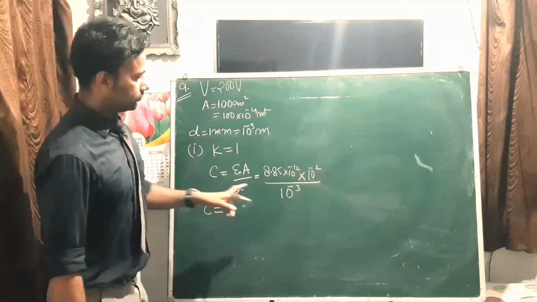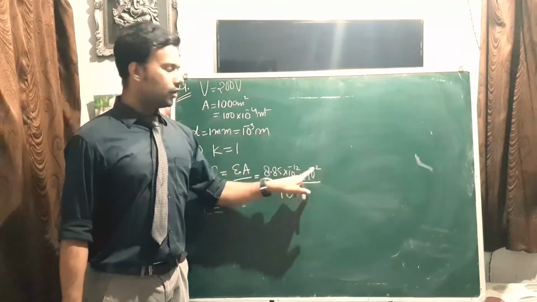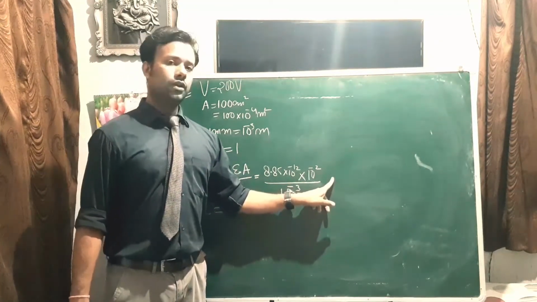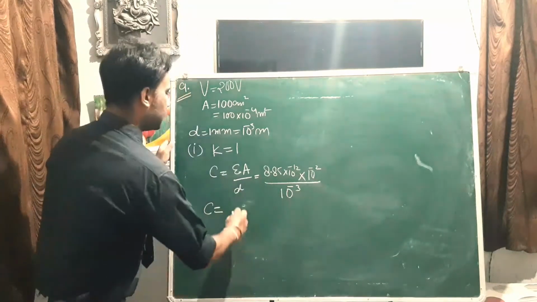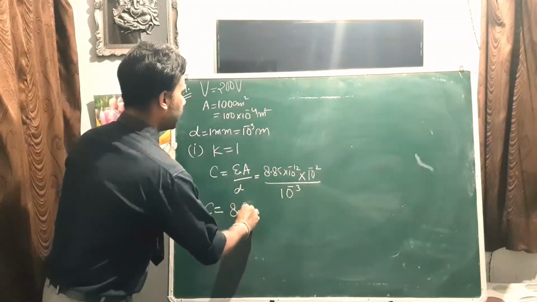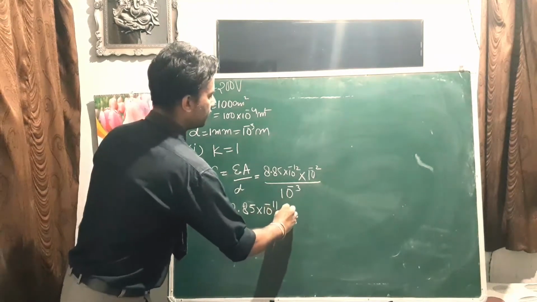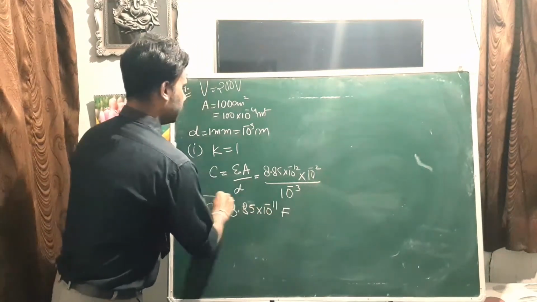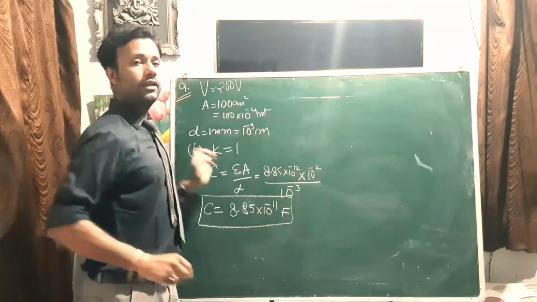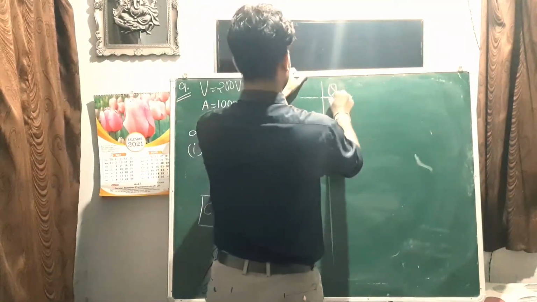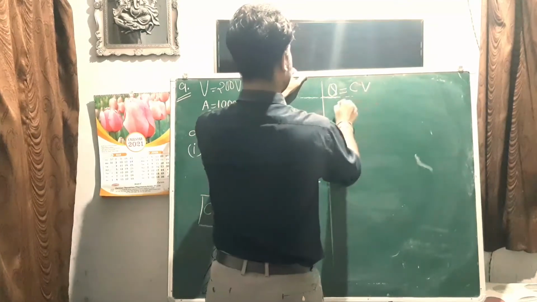How much? 10 to the power minus 14, it will go up by plus 3, so minus 11. That will be 8.85 into 10 to the power minus 11 farad. But we have to find the charge Q, so Q will be C into V, right?